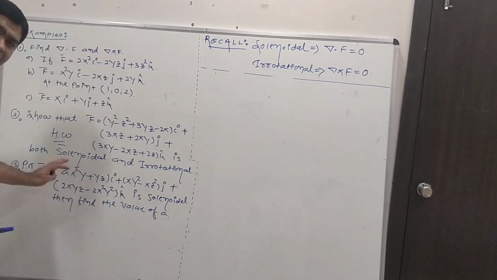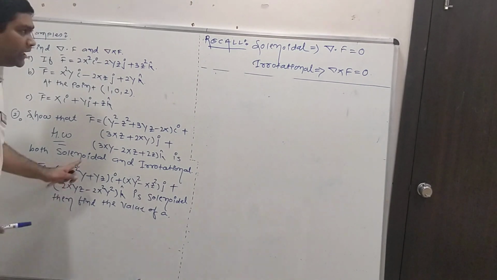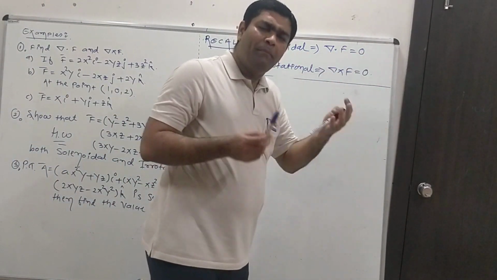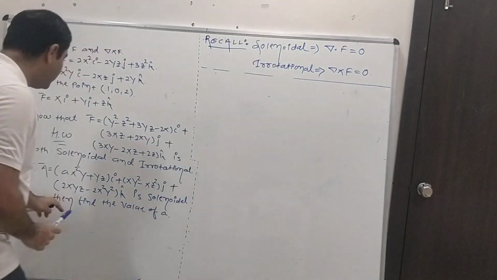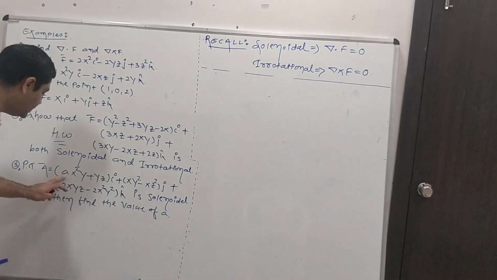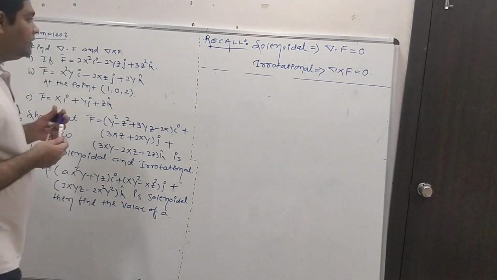We have already been given that this vector is solenoidal, means del dot F is equals to 0. We already know this. Then what you have to find? You have to find the value of a. So how we'll find it?